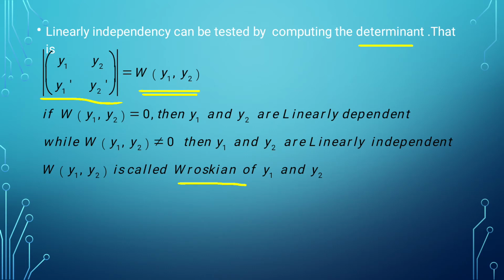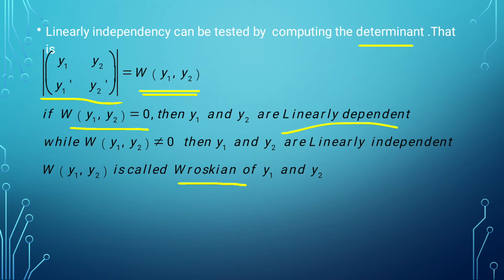The Wronskian helps us to identify whether y1 and y2 are linearly independent or linearly dependent. If you find that the Wronskian is equal to 0, then you say that y1 and y2 are linearly dependent.